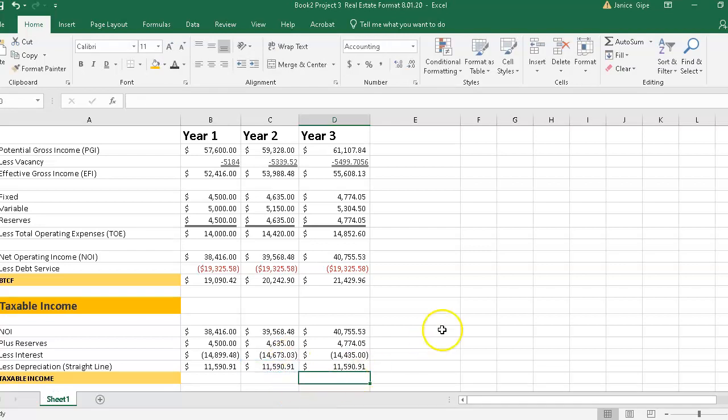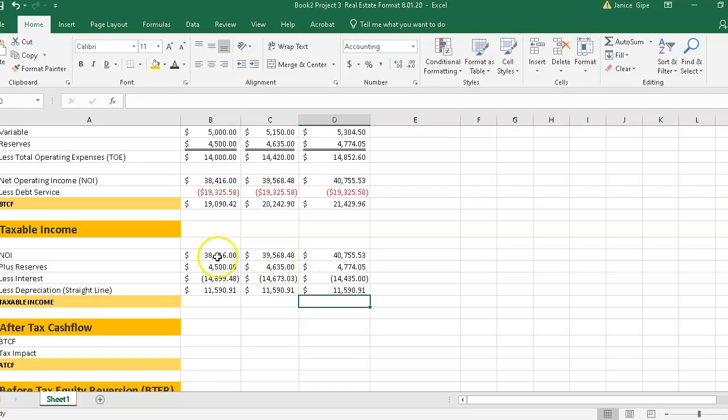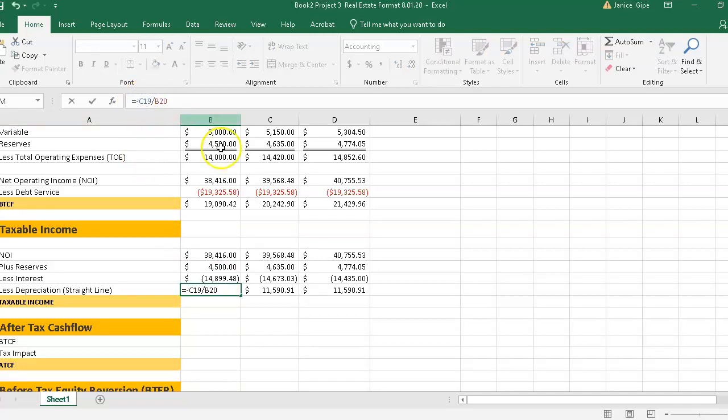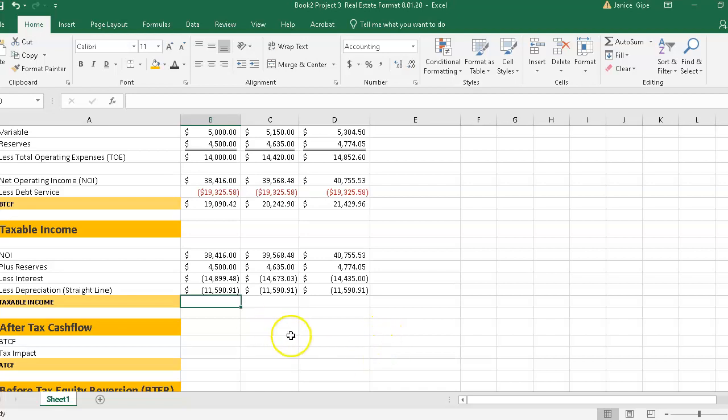So now to get taxable income, we're going to take just these 4 items, the net operating income plus reserves less, and actually these, not this should be a negative number each year.